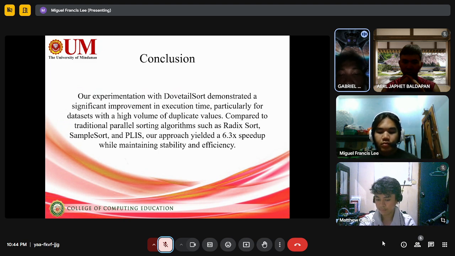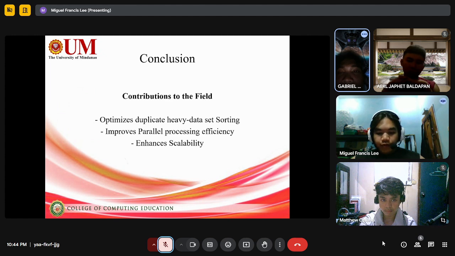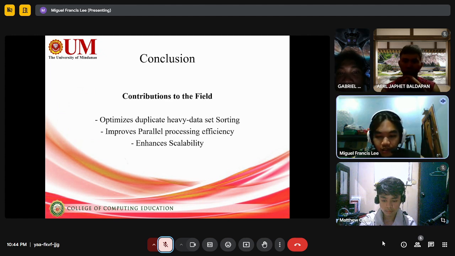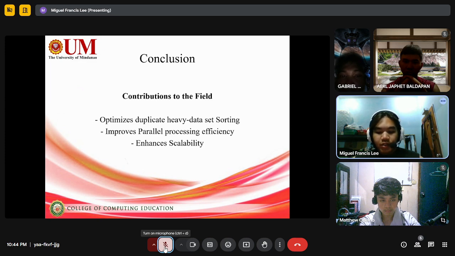Compared to radix sort, sample sort, and PLIS, it showed much faster execution time and better resource utilization. So for our contributions, it includes improving parallel processing efficiency, scalability, and optimizing sorting in high-duplicate datasets, something highly relevant for big data applications.